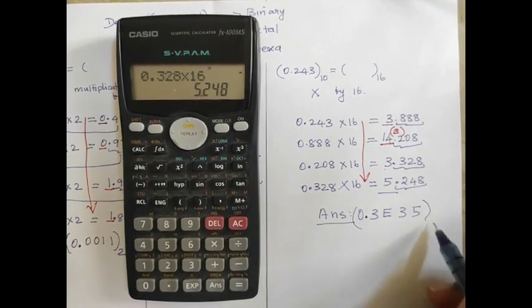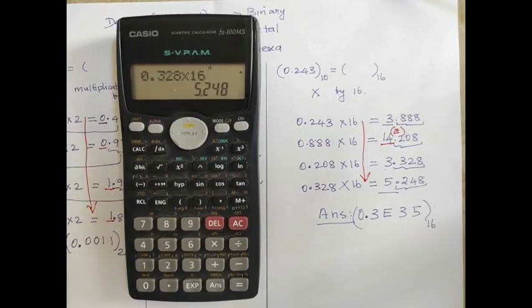So this is your hexadecimal number. That's all about the conversion from a fractional decimal number to binary, octal and hexa.